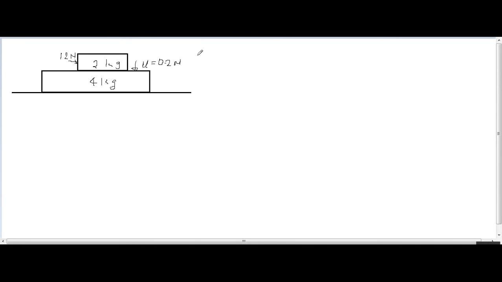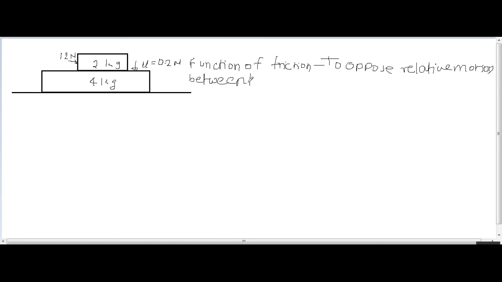To understand this, the first thing is the function of friction.